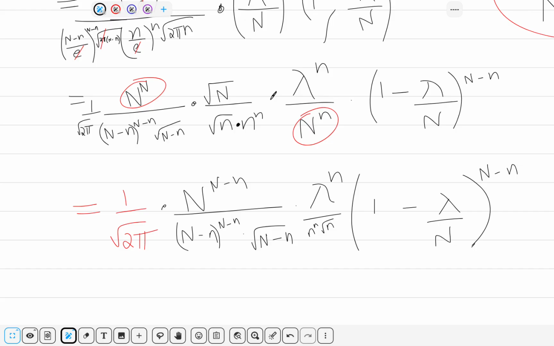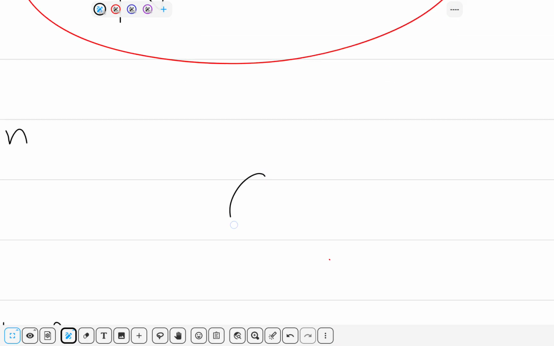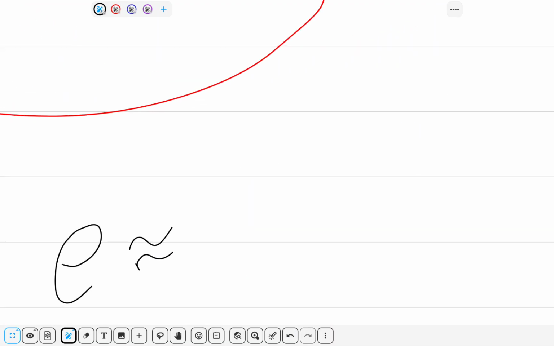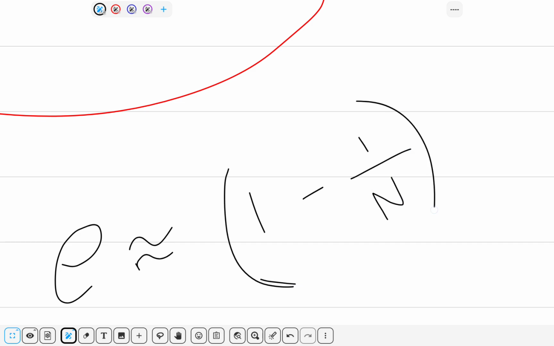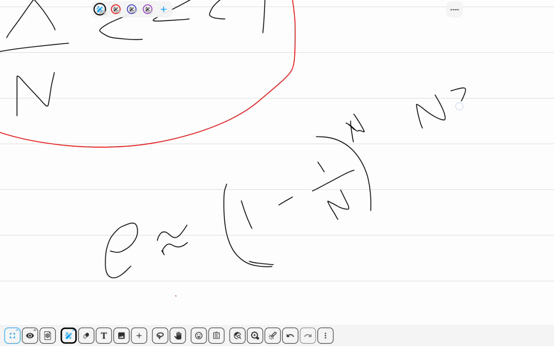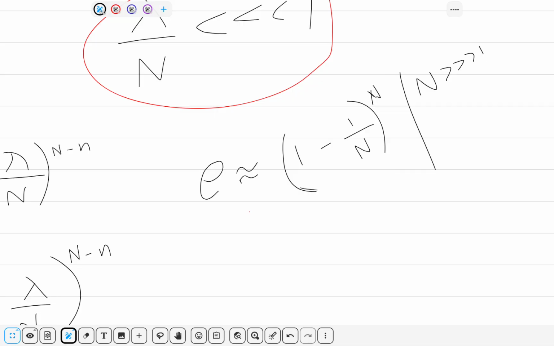Let me also check up the definition of exponential. Exponential is, as far as I remember, approximately equal to 1 minus 1 by n power n, right? When n is large. For a very large n, this is the thing.